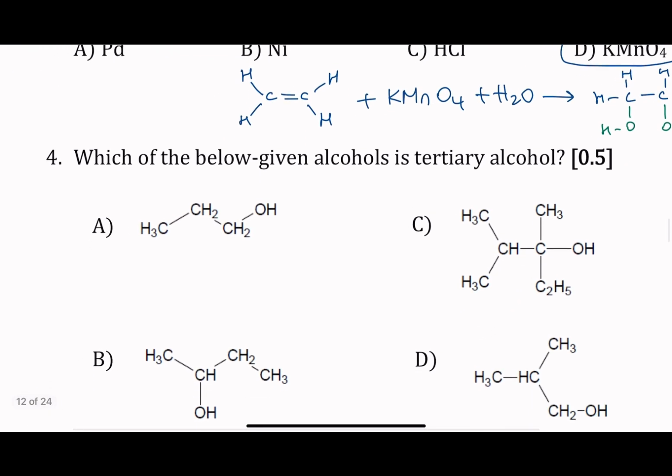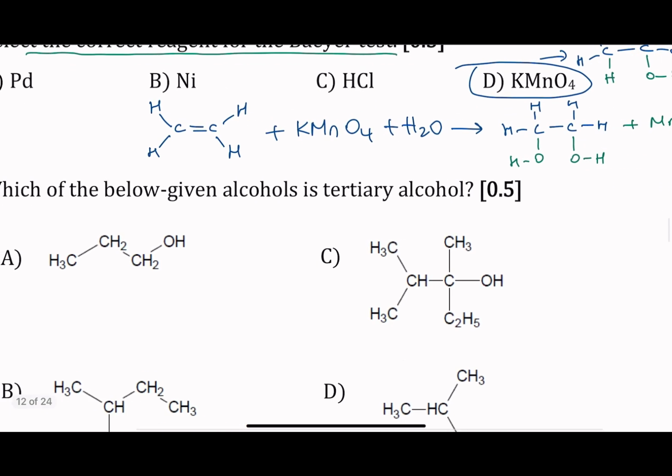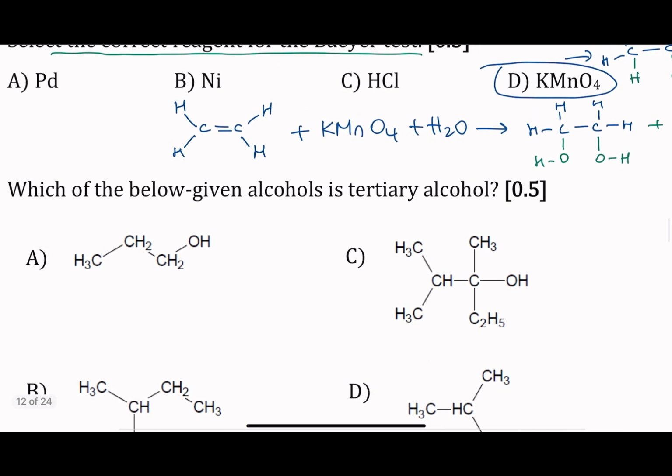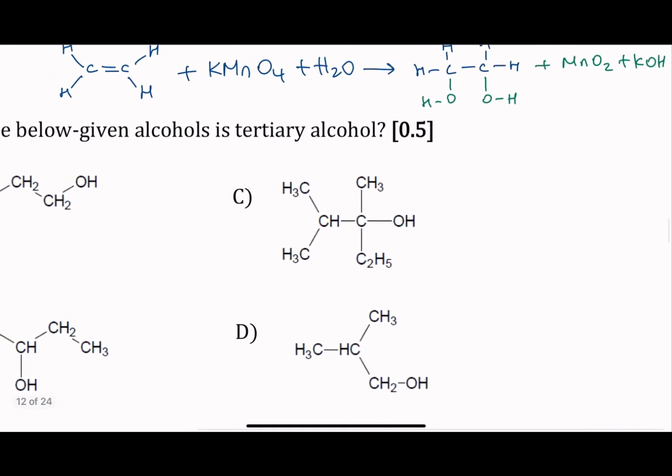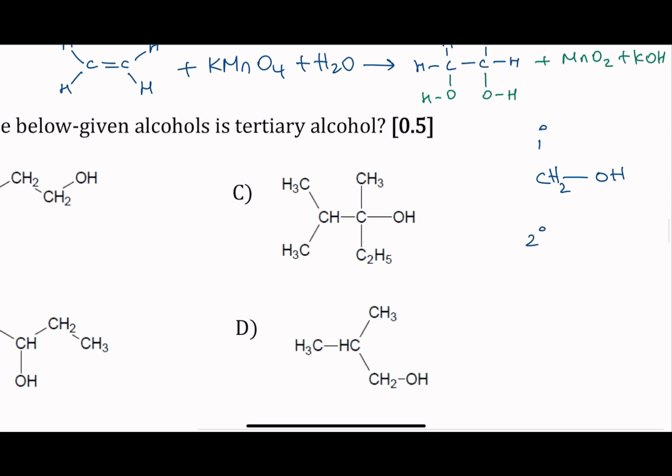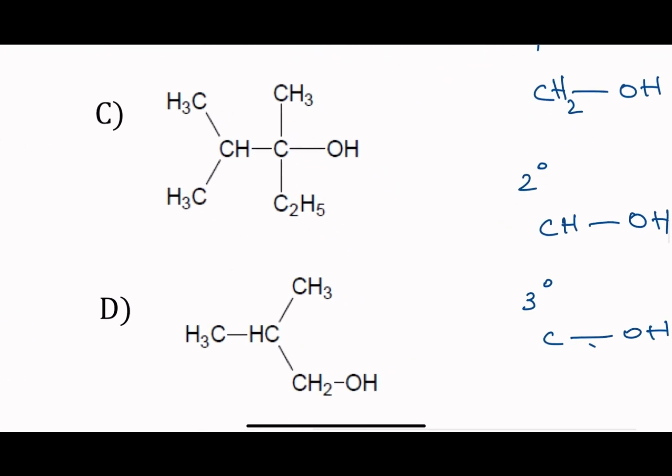So that is that. Now the question 4, which of the following given alcohols is a tertiary alcohol? If you remember, and check my videos, you would see that primary alcohols have the OH group attached to a carbon with either 2 or more hydrogens. Carbons with just 1 hydrogen would be secondary, and the tertiary carbons would have no hydrogen attached.